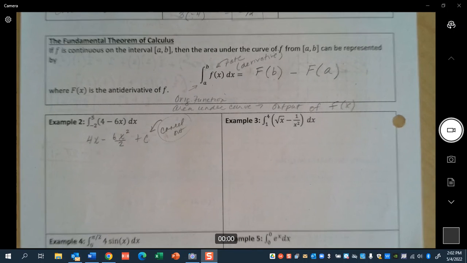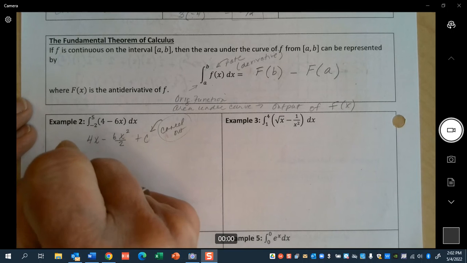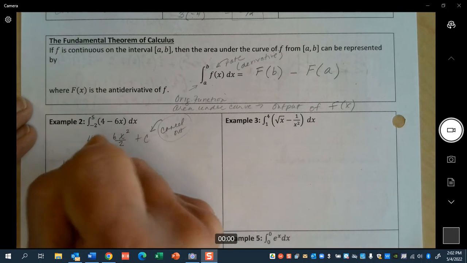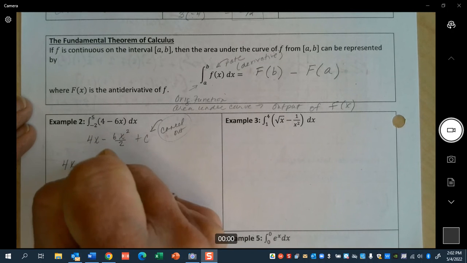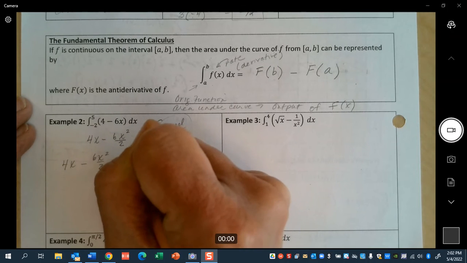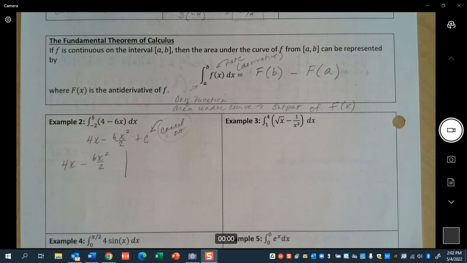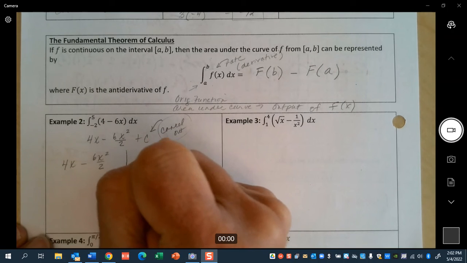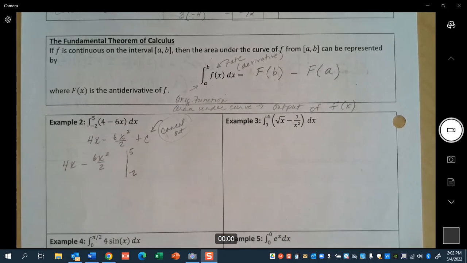And we're going to change our notation of how we write this, and we're going to say, in order to find the definite integral of 4 minus 6x from -2 to 5, we're going to draw this vertical line, and we're going to talk about how we want it on this boundary.